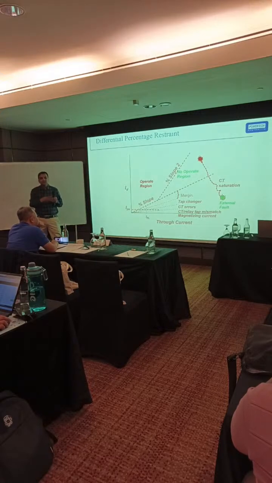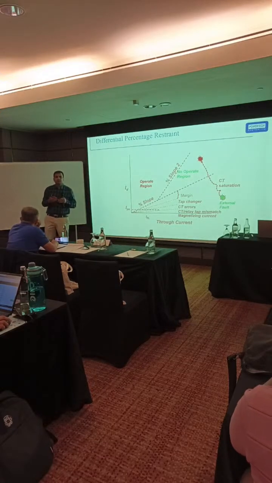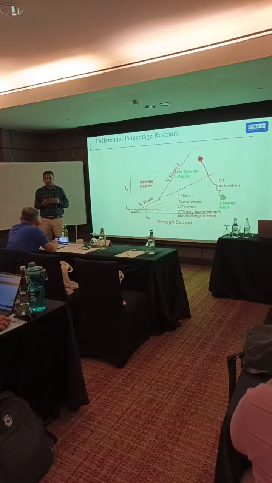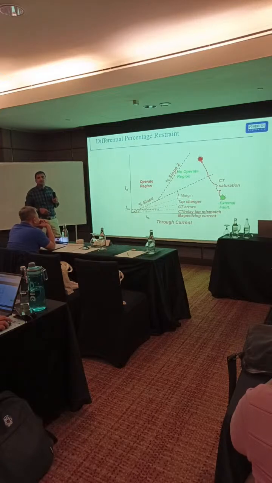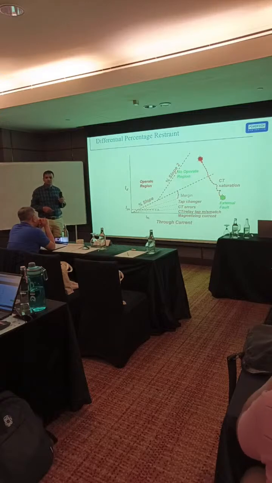In generator, we do 150% or 120%. Why in generator do we do 150% and only one slope is there? Because in generator, the tap changer will not be there. CT is also almost the same.